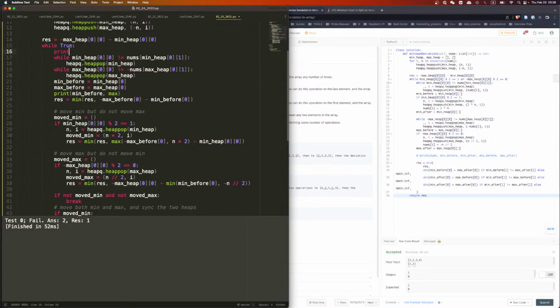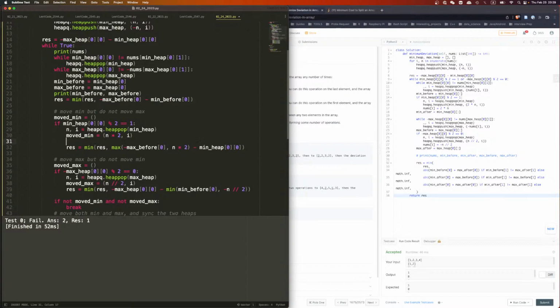Hold on, I think I should print nums and then max before. Hold a second. Moved min. Yeah, I pop this out, I get a new one, right? And then I'll say max before.